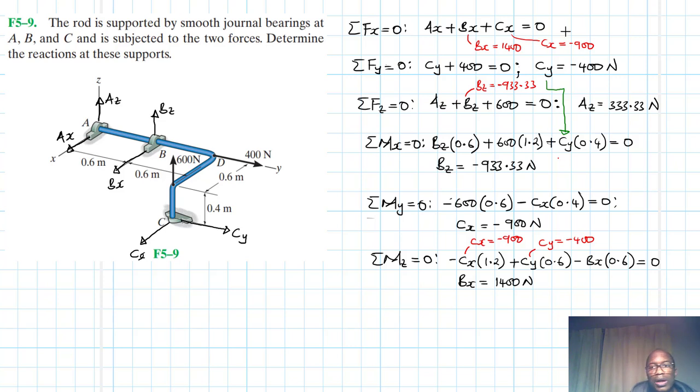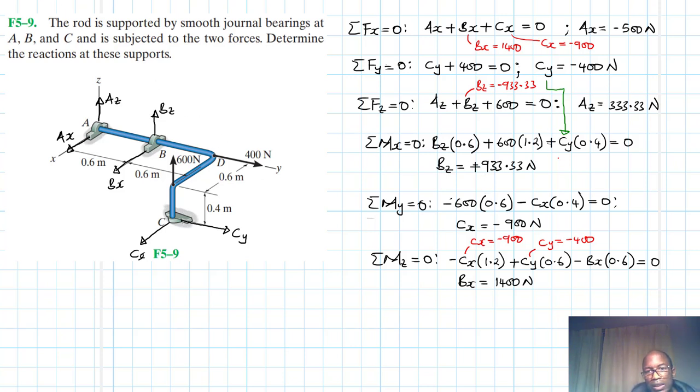Therefore, let's find what Ax is. Ax is just going to be equal to 1400 minus 900. Then this gives us Ax equal to minus 500 newtons.